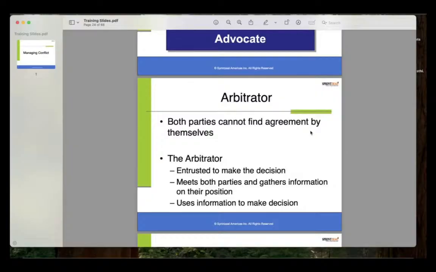The arbitrator is entrusted to make the decision, meets both parties, and gathers information on their positions. Then they use that information to make the decision. This is basically the role of the arbitrator.